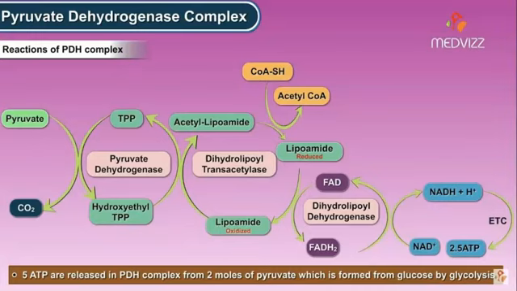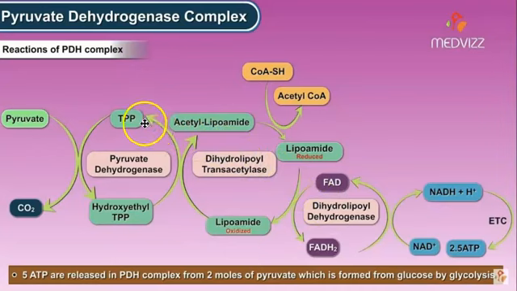Now we're going to go through the very complex pyruvate dehydrogenase complex. So this consists of the 3 proteins, the 3 enzymes. So pyruvate dehydrogenase, then we have dihydrolipoyl transacetylase here, and then the third enzyme, we have dihydrolipoyl dehydrogenase here. Then we have the 5 coenzymes.